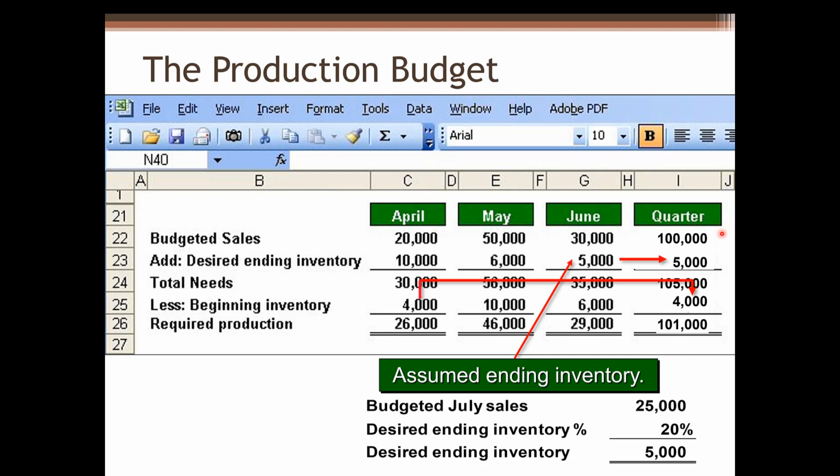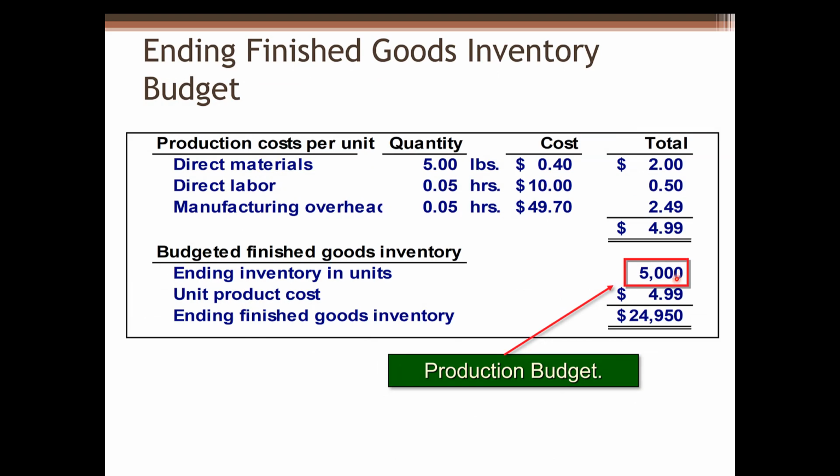If you go back, take a look at the previous slide. The ending inventory units should be 5,000 units. So we can calculate using 5,000 multiplied by 4.99. And we can get ending finished goods inventory in dollar amount, $24,950.